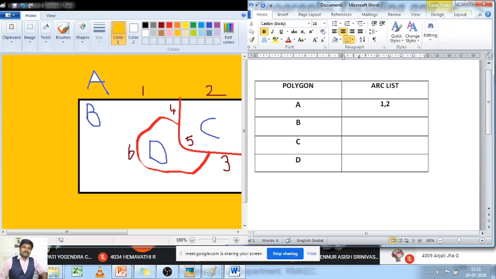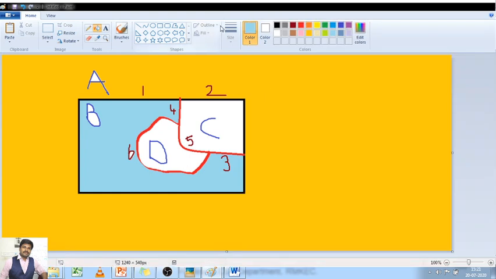So these are the entries in the arc list for the arcs combining with polygon A alone. Now we are moving on to the next one. Let's go for B. Which lines are connected with B? B is connected with 1 completely, and 3 is connected, 6 is connected, and 4 is connected.